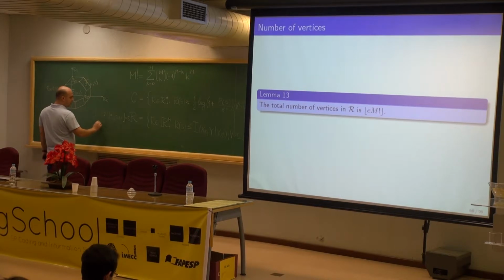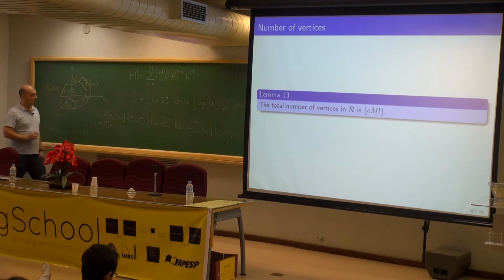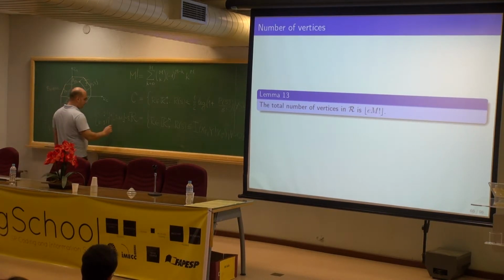What is it for m equal 3? So it's 2.71 times 6. This is 16.